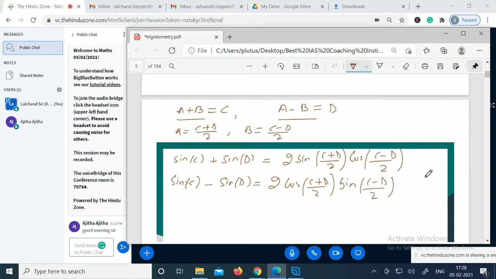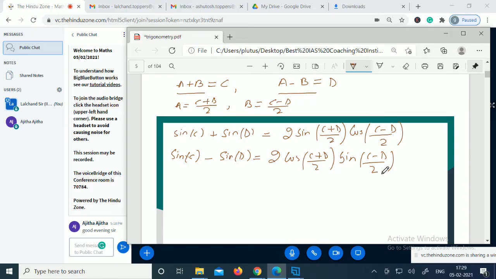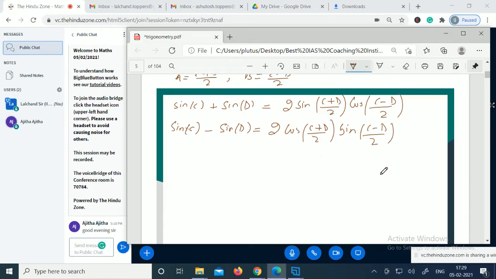Similarly, we can generate the same formula for cos and tan. I think up to this is clear to you. Based on this kind of formula, let us solve some questions.